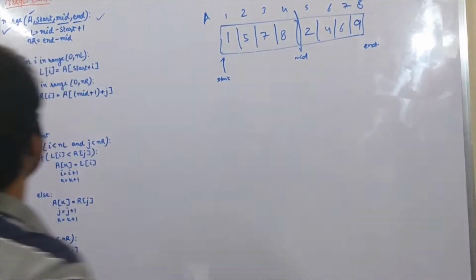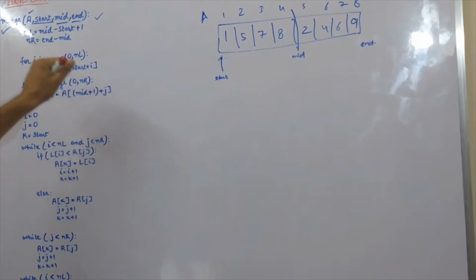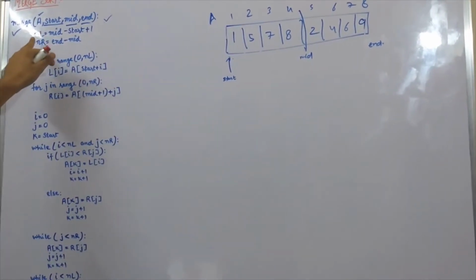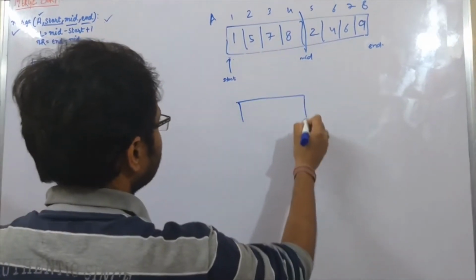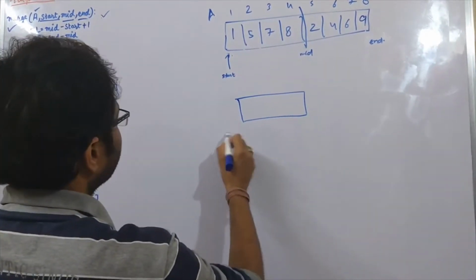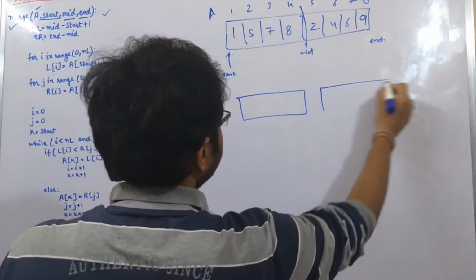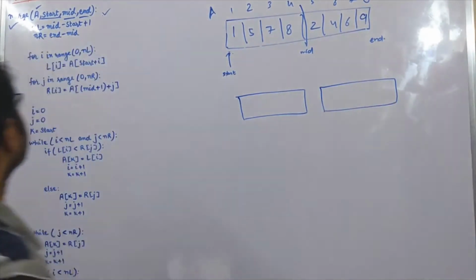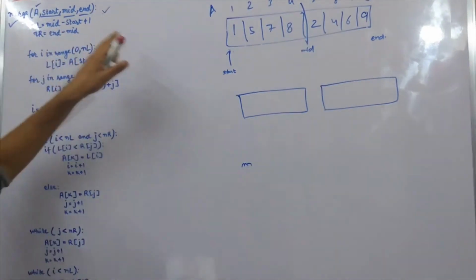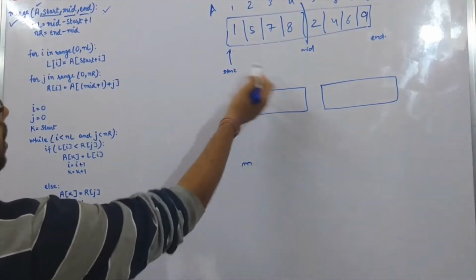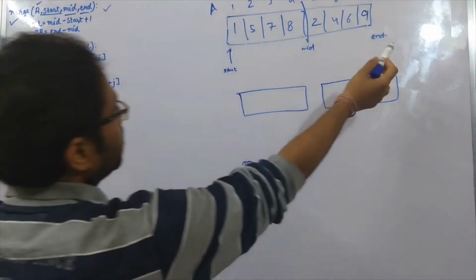So what we will do, first we create two arrays, NL and NR. The size of this left array is NL and the size of this right array is NR. The size of the NL array is mid minus start plus 1, and the size of the right array is end minus mid.